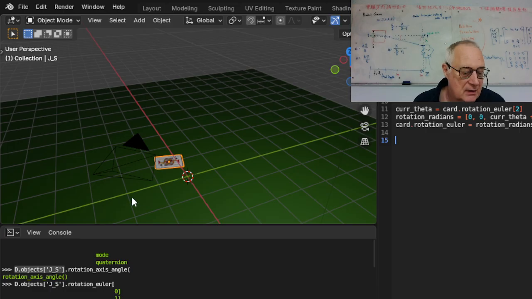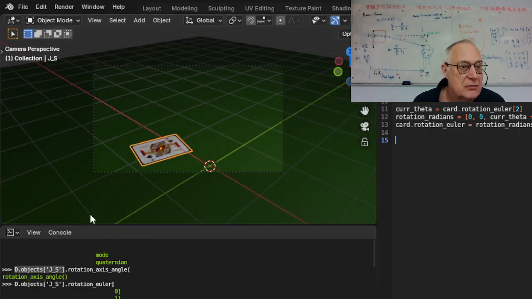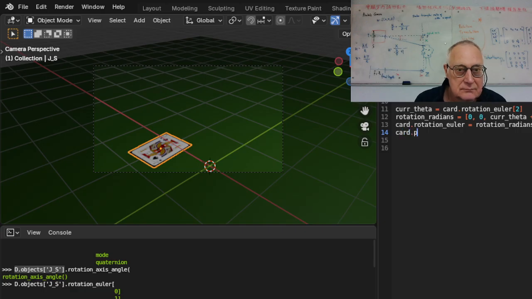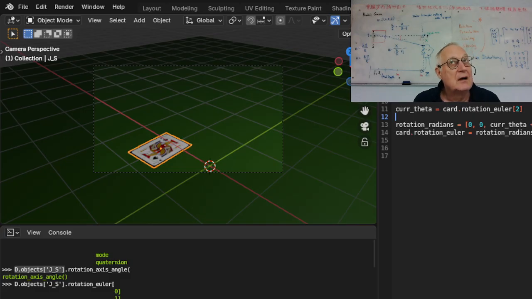So we look at the view from the camera, and we can rotate that around. I can translate the card backwards and forwards a little bit. Let's see.